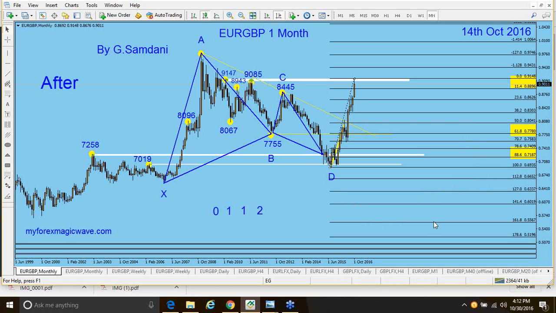Then what do you get? You get 0.382. That's the other number right here. And 50% is just half of the whole thing. That's not a Fibonacci number. If it is 1 from here to here, half is 50%. Simple as that.